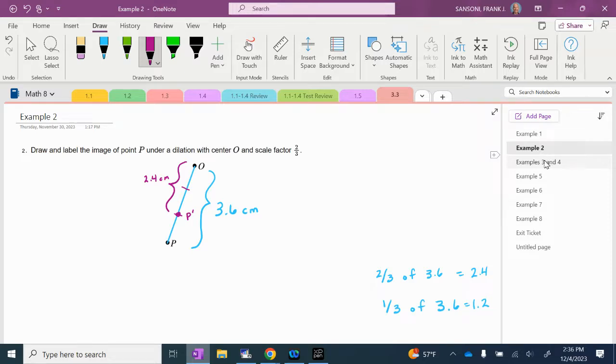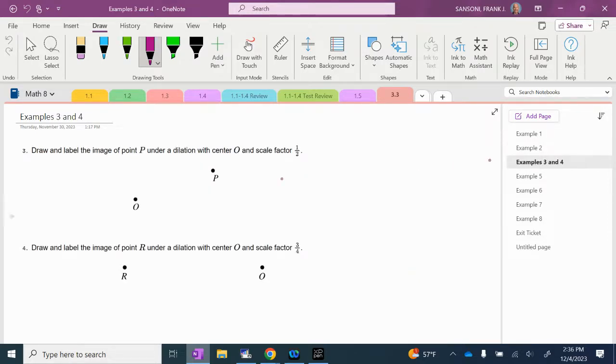Your easiest reduction is right here. What's the easiest fraction to work with? 1/2. So what's the distance of OP? 4.